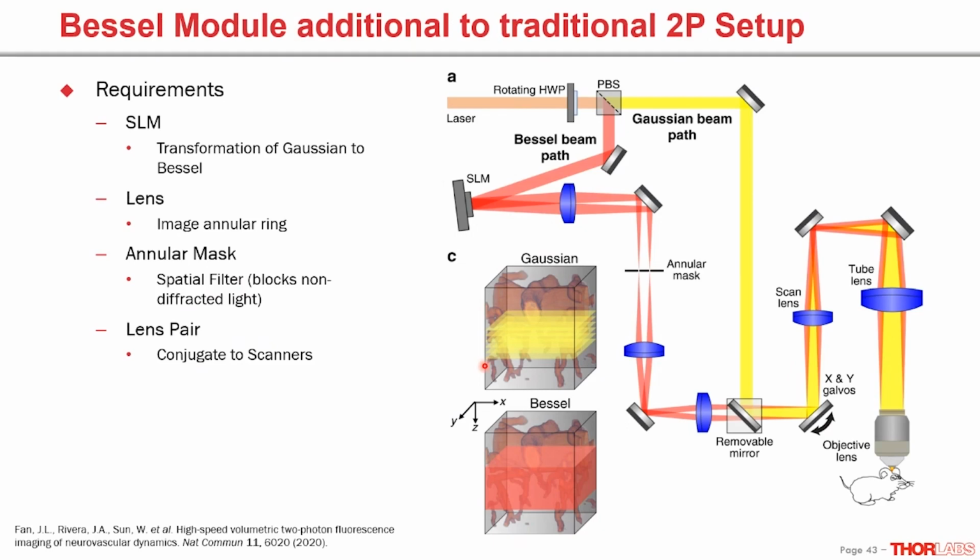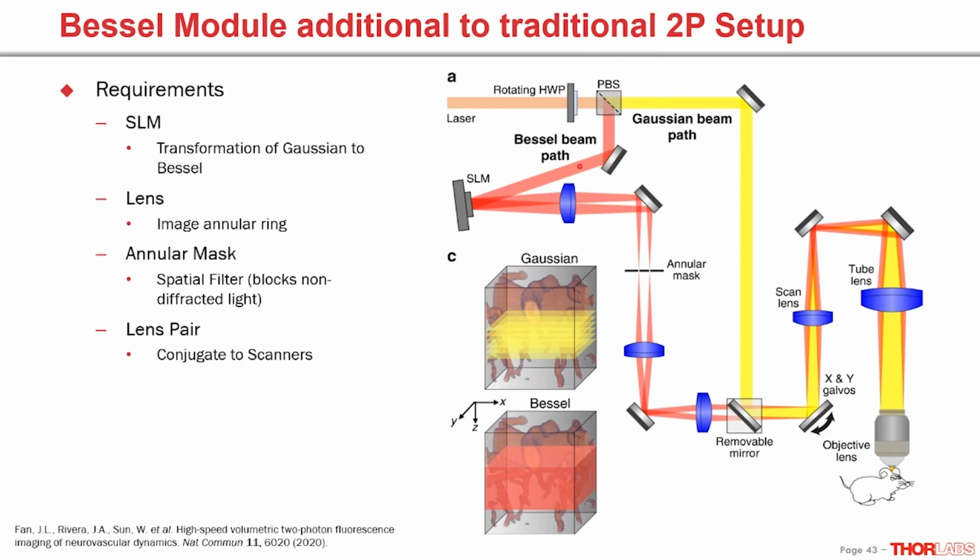So how do you add this to a traditional 2P setup? Shown here in yellow is the traditional Gaussian beam path, where you have a couple of mirrors, and then it goes to your microscope, which has the scanners, scan lens, tube lens, and objective. If you want to add a Bessel beam path to this, you just need a way to divert the light. You can either use removable mirrors or a rotating half-wave plate with a polarizing beam splitter.